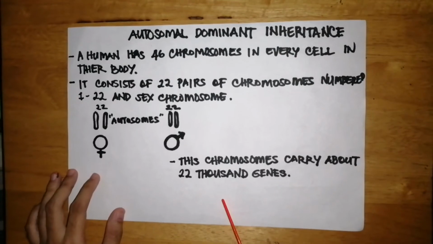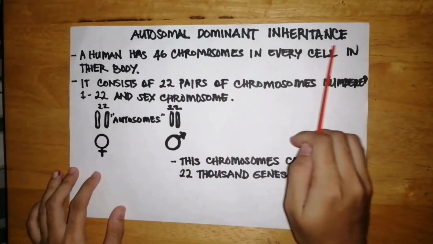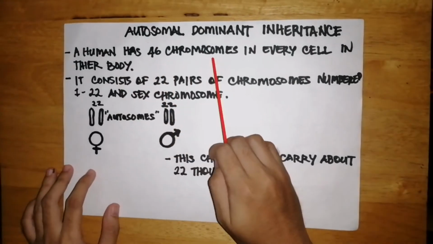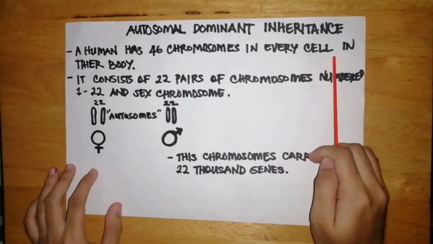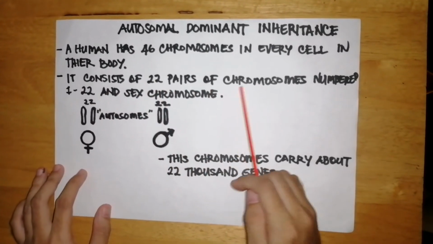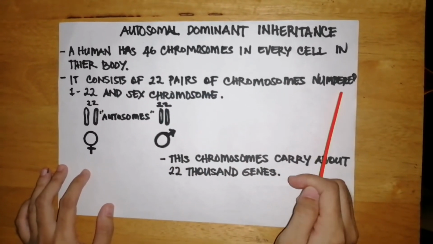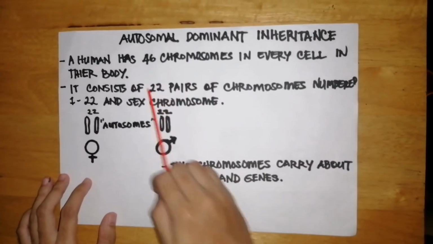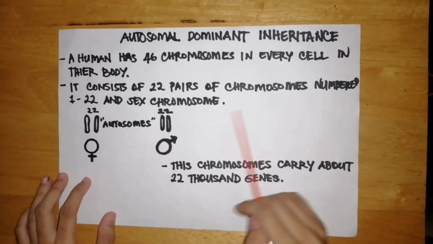Now we go to another topic, autosomal dominant inheritance. A quick review. A human has 46 chromosomes in every cell in their body. It consists of 22 pairs of chromosomes, numbered 1 to 22. These 22 pairs of chromosomes are your non-sex chromosomes.